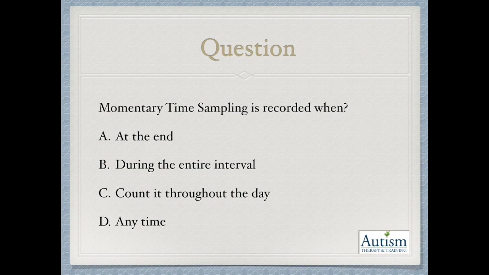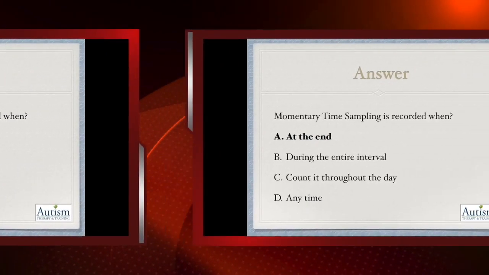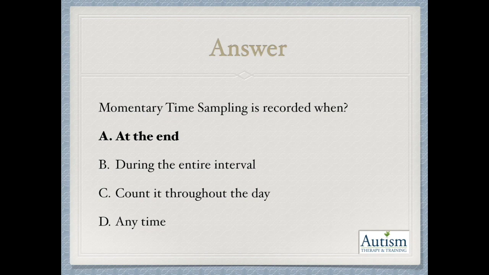Momentary time sampling is recorded when? A, at the end of the interval, B, during the entire interval, C, you count it throughout the day, or D, anytime? And the correct response is A, at the end.